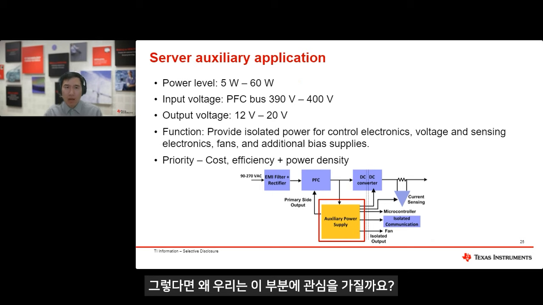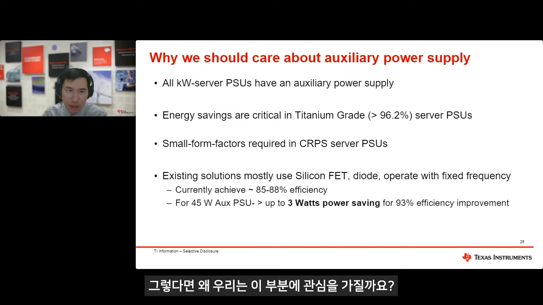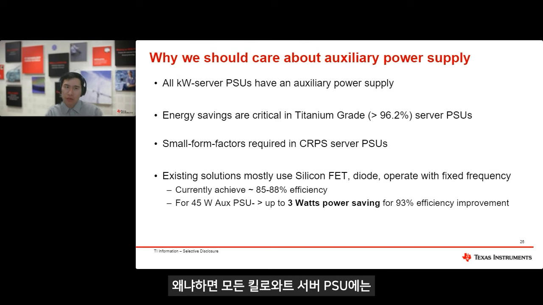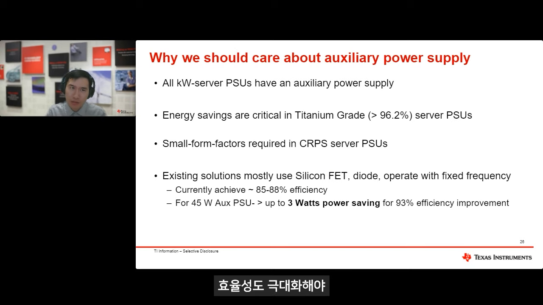Why we care about this part is because every kilowatt server PSU will have this kind of auxiliary power supply, and since we are talking about extremely strict requirements on efficiency, we need to maximize the efficiency of this stage as well, so that we can save the losses from it.